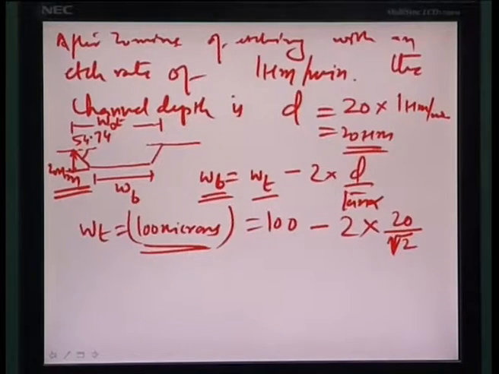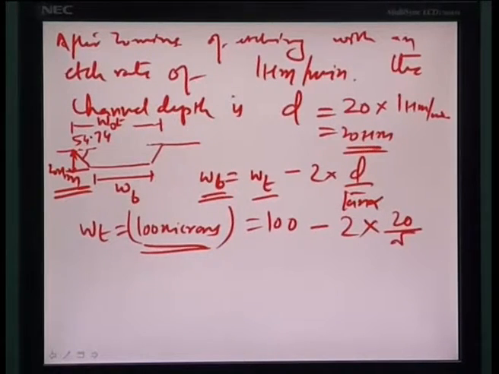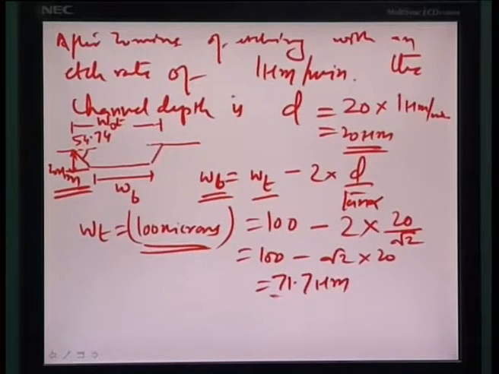So, essentially this whole thing boils down to, let me just rub this and rewrite it, 100 minus root 2 times 20 microns, which is equal to 71.7 micrometers. That is exactly what WB, the bottom width, is in this particular case.